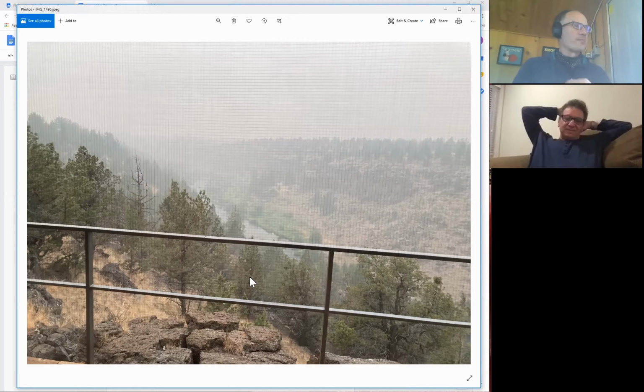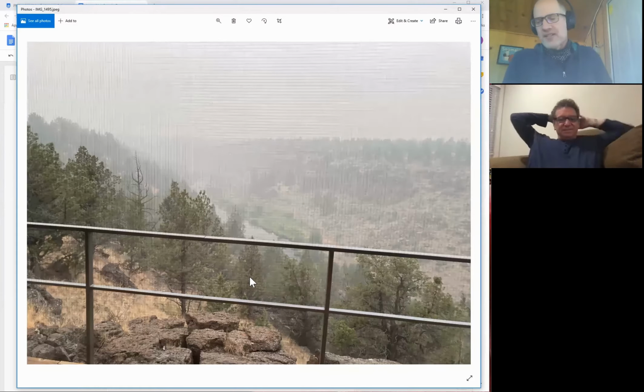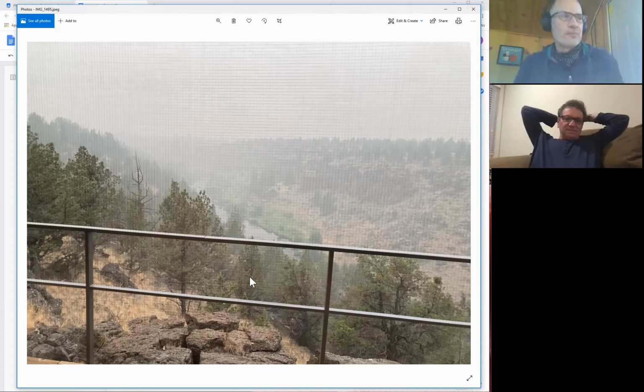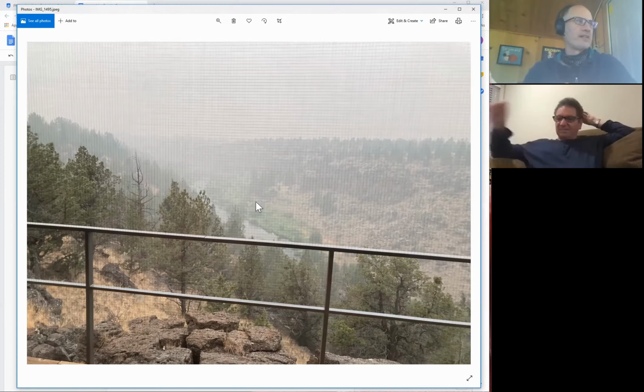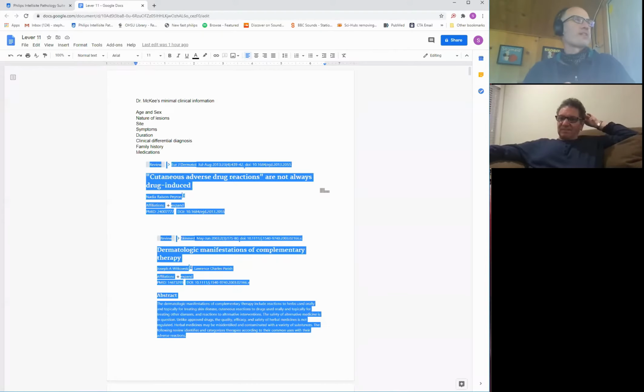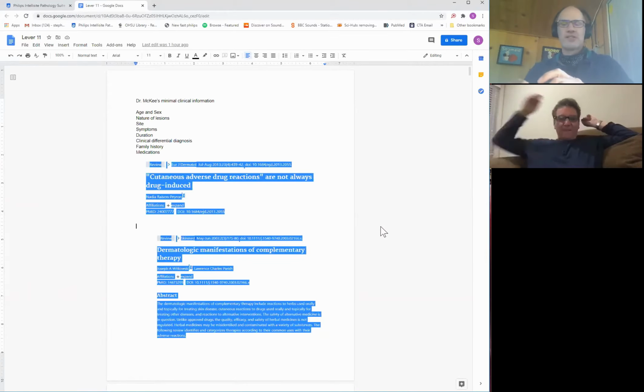So we were down to maybe a quarter mile of visibility, and indoors with masking tape over all the cracks in the doors, and a room air filter running 24 hours a day. So if you haven't had this experience, I hope you don't have to. It was a challenging week for all of us who had houses, not to mention the people that lost their houses, and that was a significant number of people. So that's a little view of what's going on around here.